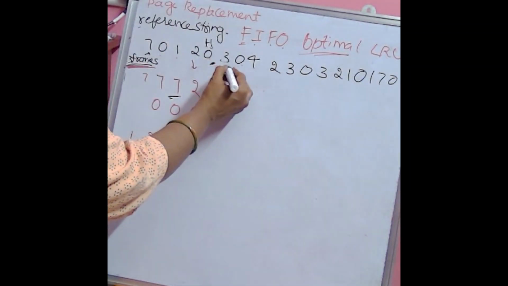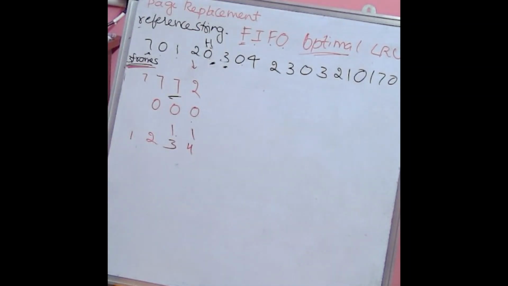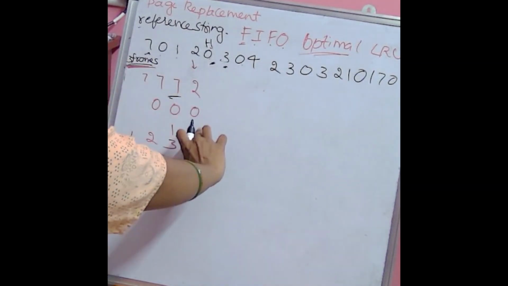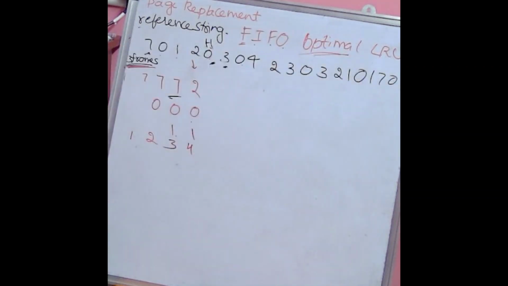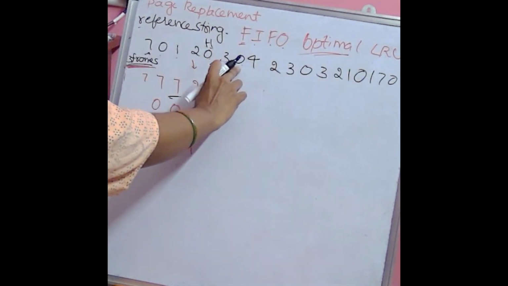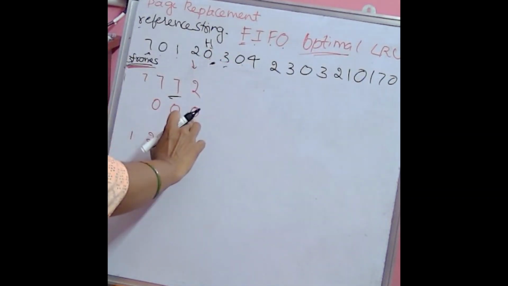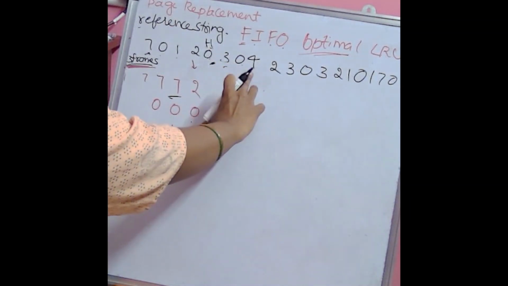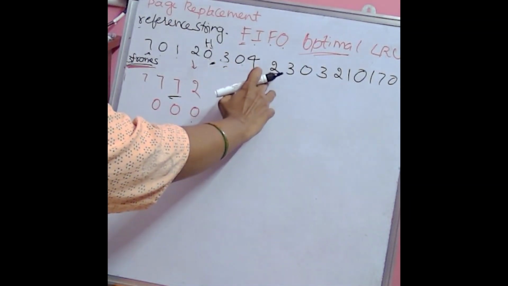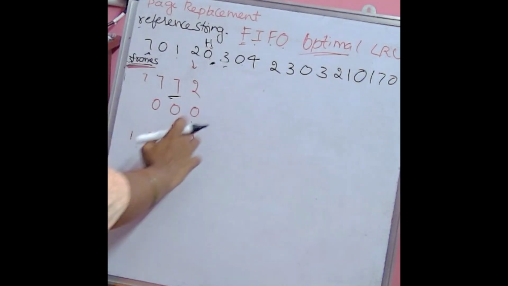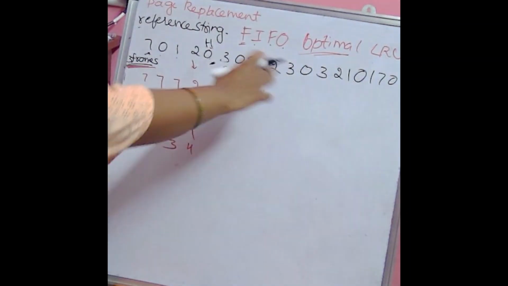Next we check the reference string with the 3. Page 3 is required, but it is not available in the main memory. Again we need to check within these 3 pages which is not required in the near future. After this, only 0 is required in the near future. After that, between 2 and 1, which one is required in the near future? 2. 1 is not required in the near future.